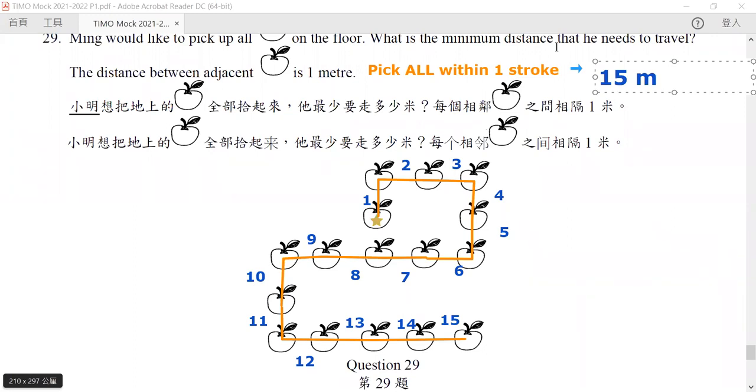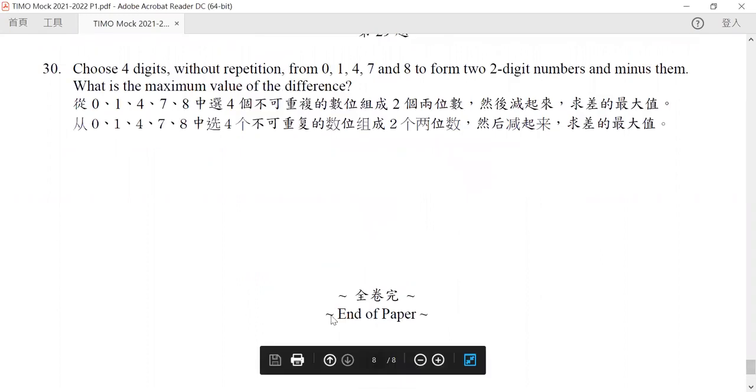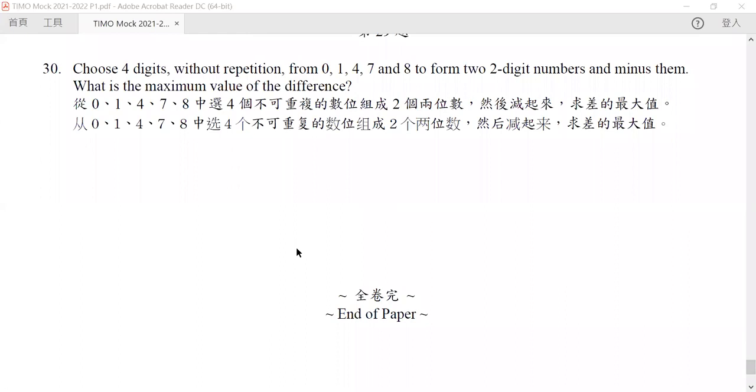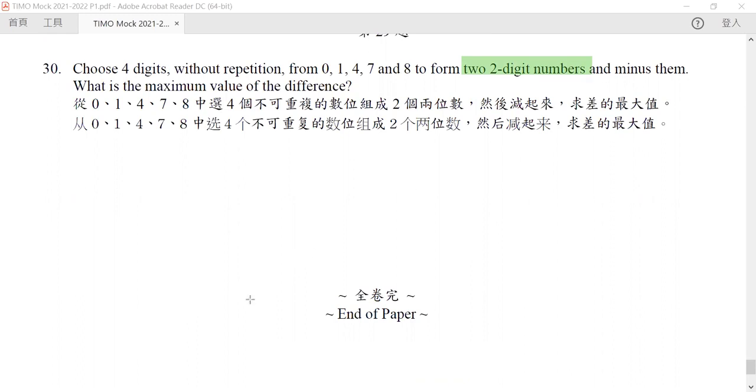Okay, finally, let's go to our final question, which is question 30. Choose 4 digits without repetition from 0, 1, 4, 7, 8 to form two 2-digit numbers and subtract them. What is the maximum value of the difference?